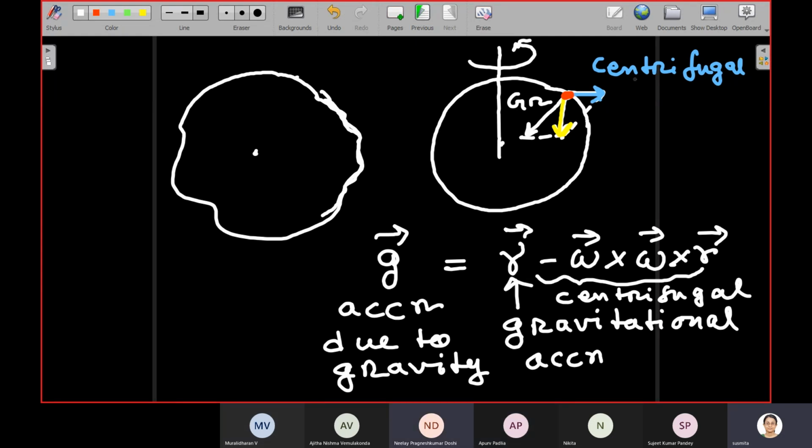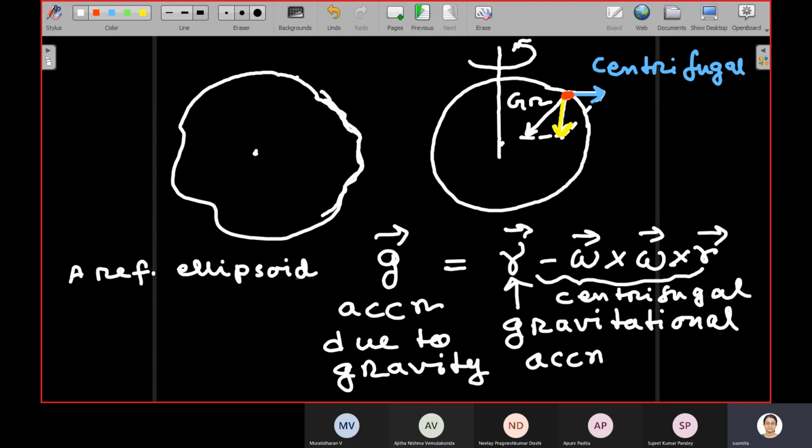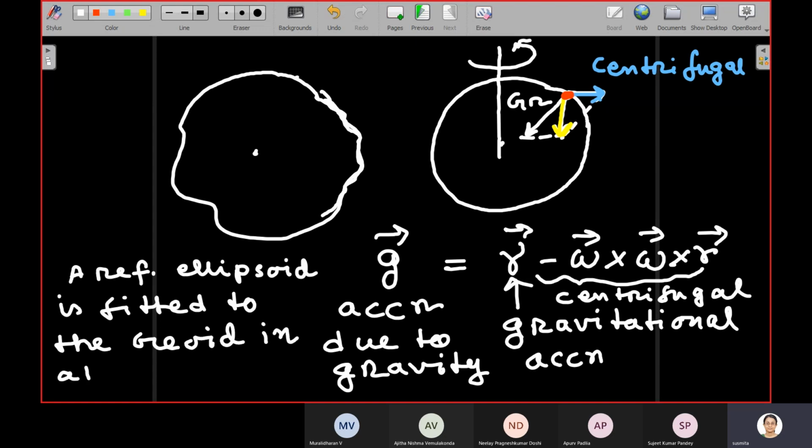Okay. Now a reference ellipsoid is one which is fitted to the geoid in a least square sense.